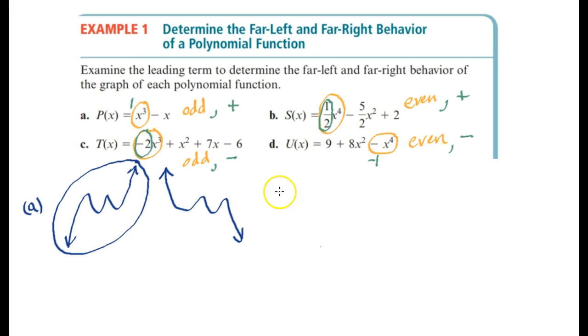All right, so let's look at B now. For B, we have an even function. So that's the first column. So we're going to have something that looks like that, or something that looks like that, where you have the same thing going on at each end, the left and right end. It's either both going up or both going down.